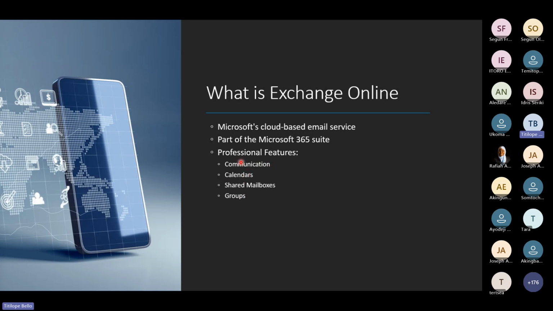Then we have, apart from emailing, what we call calendar. So let's look at things this way. You want a way by which you can manage your meetings, you can manage events, you can manage other communication beyond email.